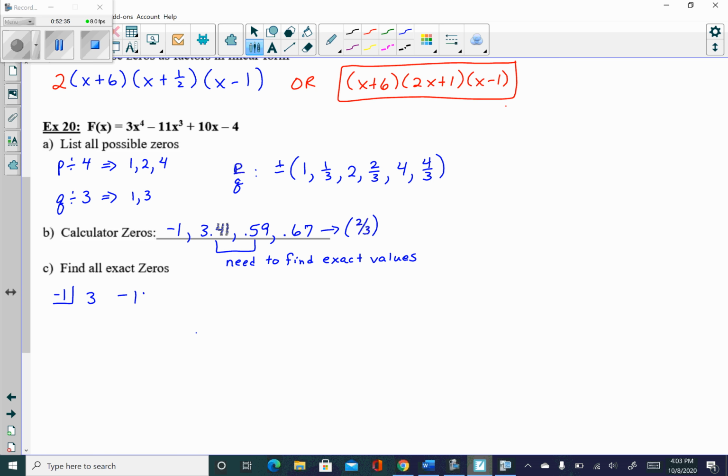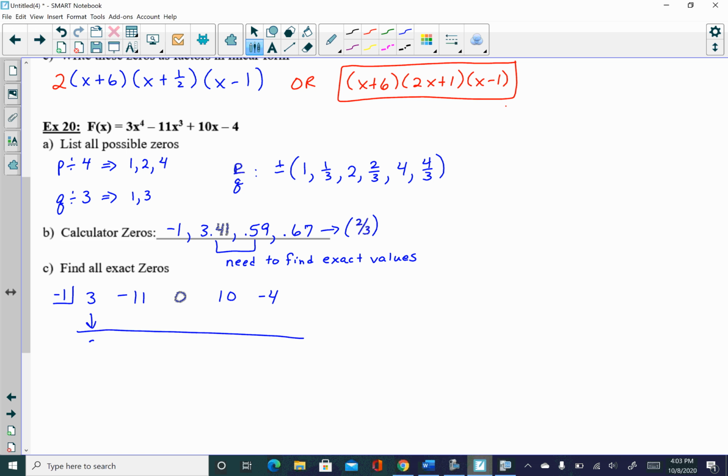Notice how I'm missing the x squared, so I'm going to put in 0, 10, -4. Bring down that 3, so then that's going to give me -3. That'll give me -14, +14, -1 times 14. That'll give me -4.